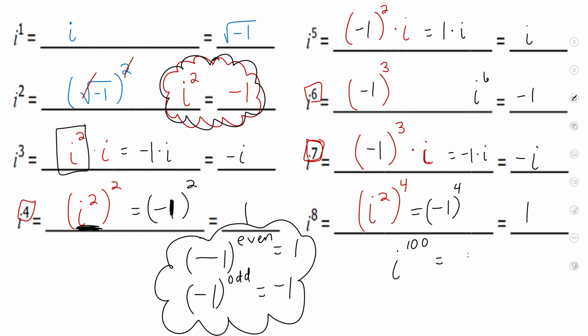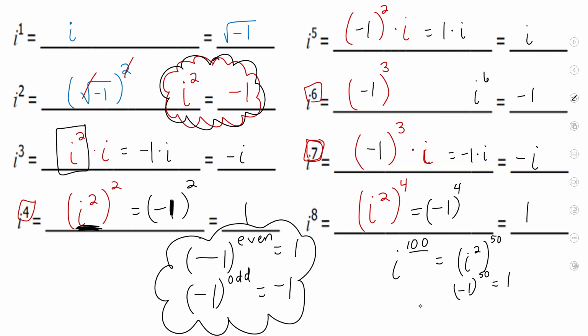Remember, you always start with i squared. What should I raise the 2 to? 50. 2 times 50 will give you the 100. Well, i squared is just negative 1. Is 50 even or odd? Even, so that's just 1. So always make it i to the power of 2, and that'll make this easier.